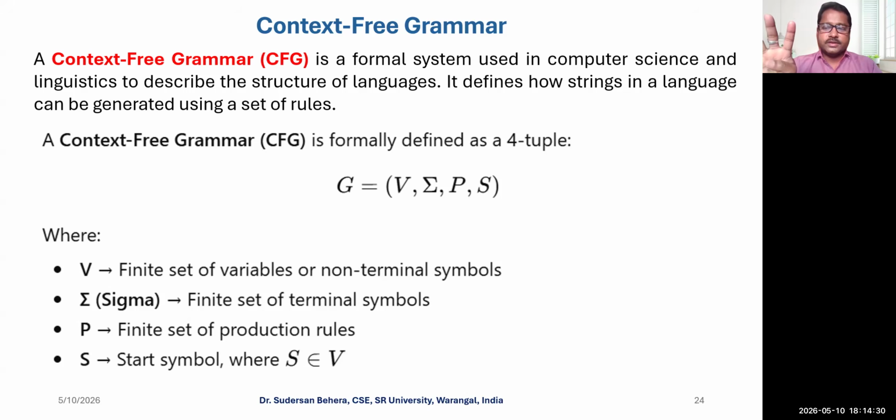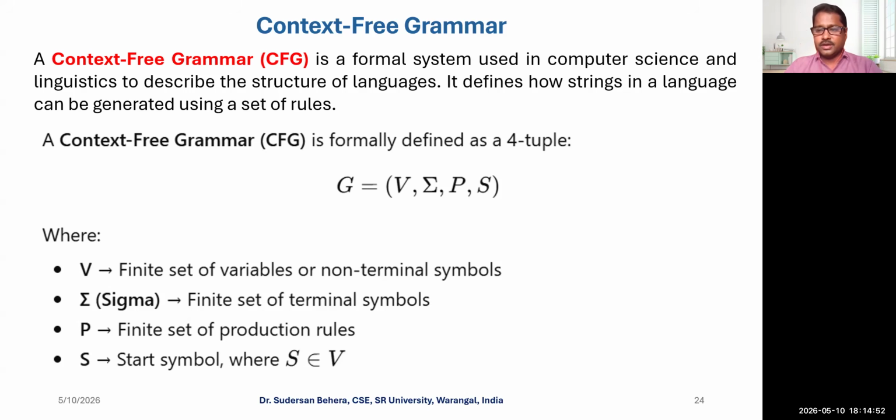So there are four components. Some authors also write V, T, P, S. Here V is the variables, and T means terminals. Here sigma is used, but they use T. Both have the same role, only the name is different, because authors are different and wrote different textbooks.